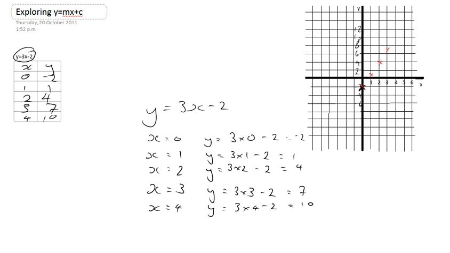And when x is 4, y is 10. And now I've got a series of points that I can join up with a straight line. And I've managed to draw the equation y equals 3x minus 2. Okay?